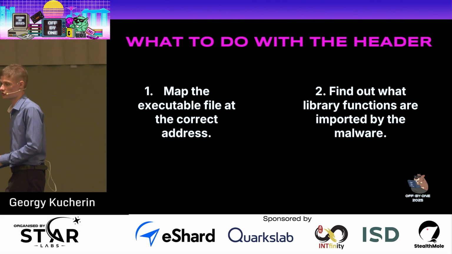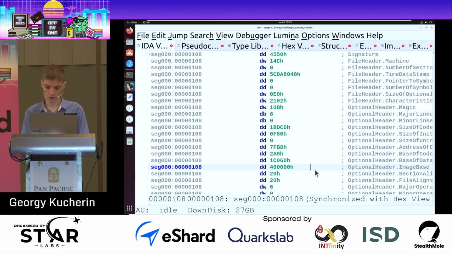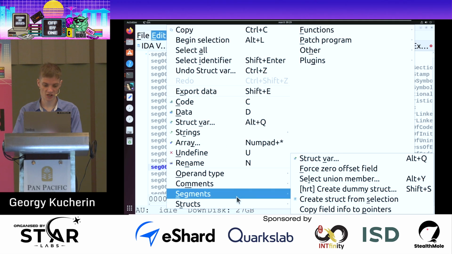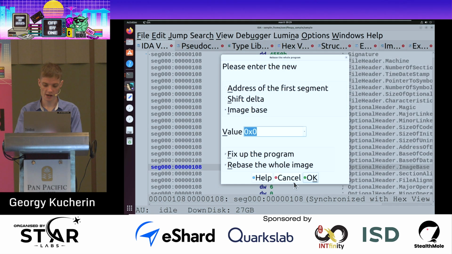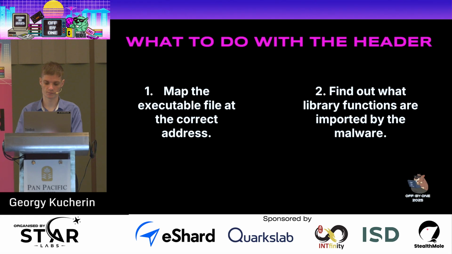This address is called the image base address, and it is stored right here in this field. So what we do is we copy this value, press Edit, Segments, Rebase Program, and we type the address. Now, as you can see, our program is based at the correct address.